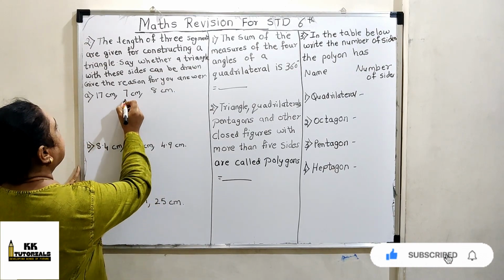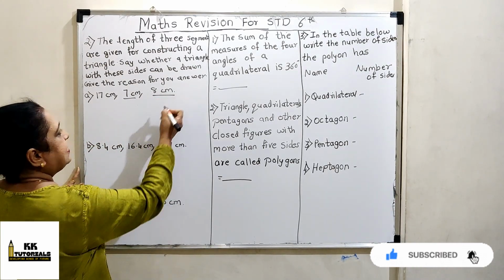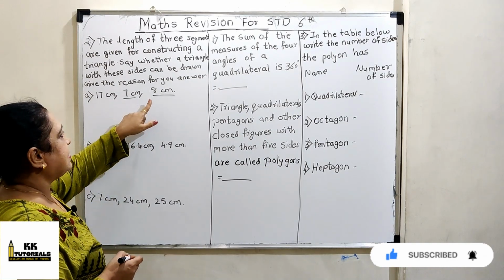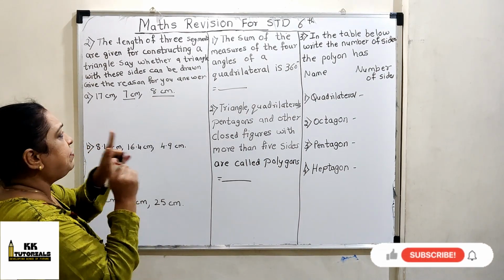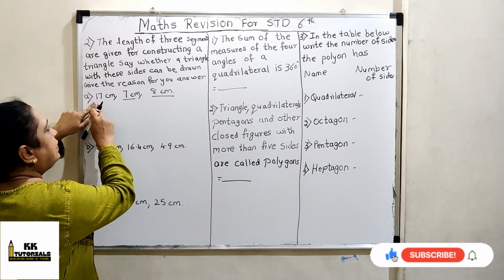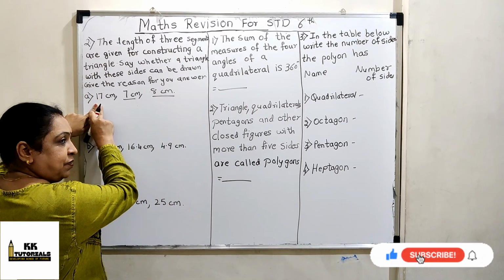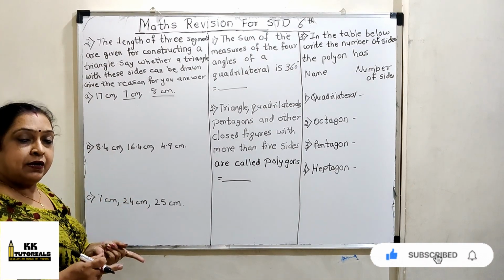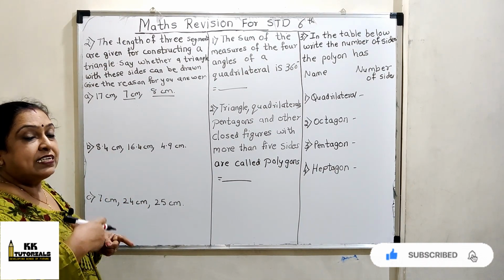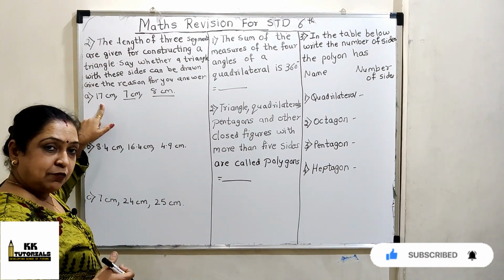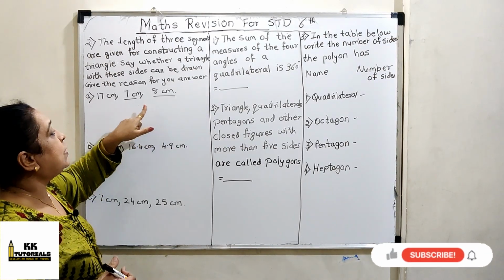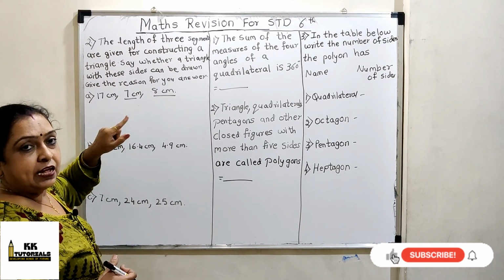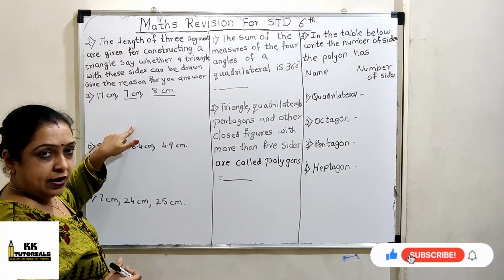For example, 7 centimeters and 8 centimeters. When you add this 7 and 8, it is 15 centimeters. Okay. So 15 centimeter is smaller than 17 centimeter. It should be bigger. If it is greater than the third number, then only we can draw a triangle. Okay. So in this case, we cannot draw a triangle. Understood?